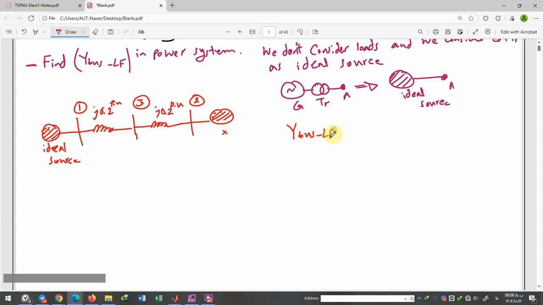Okay, the Y-bus used for load flow is a matrix with dimension 3 by 3, because we have 3 buses. Let's calculate each element of the Y-bus. Y11: each reactance connected to bus number 1.